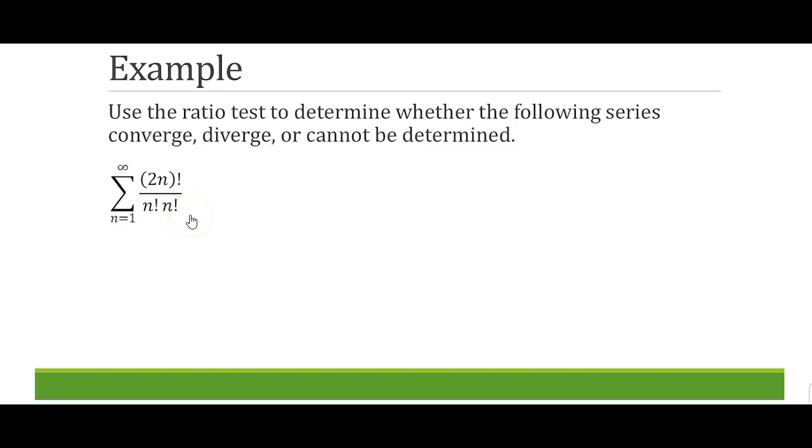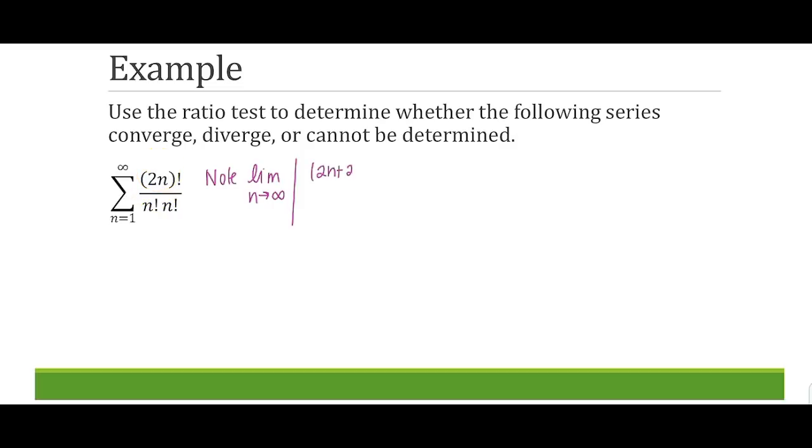In our last example for the ratio test, we have a lot of factorials going on. So we're going to be really careful when working with these factorials. We'll start with the limit as n approaches infinity of the absolute value of, in this case, if I plug in an n plus 1, I'm going to have 2 times the quantity n plus 1, which is 2n plus 2.